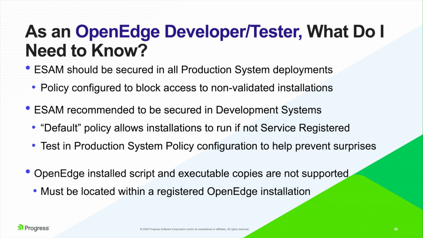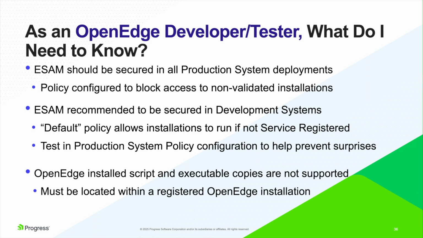We suggest that you do your OpenEdge product development like it was a production system. This will ensure that through your desktop testing, your UAT, should your product run in a deployment site that says block everything except registered installations, that your product behaves correctly in that event.